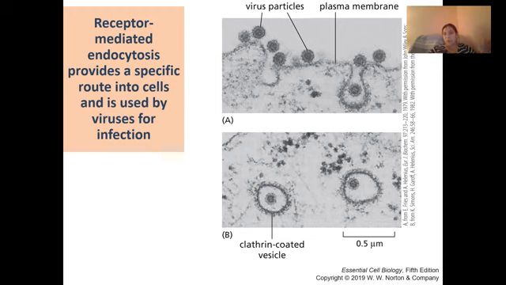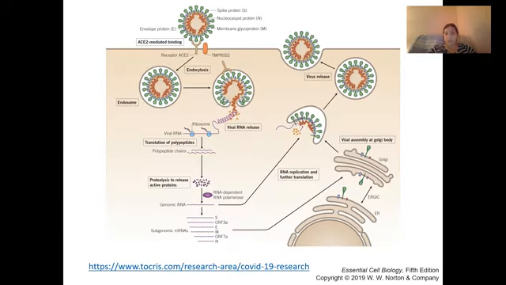So, COVID-19 included, this is how many viruses infect cells so that they can continue to grow and do what they need to do. And here you can see that with COVID-19, you have the spike protein that binds to the ACE2 receptor. When it binds to it, that induces endocytosis through a clathrin-coated endosome.